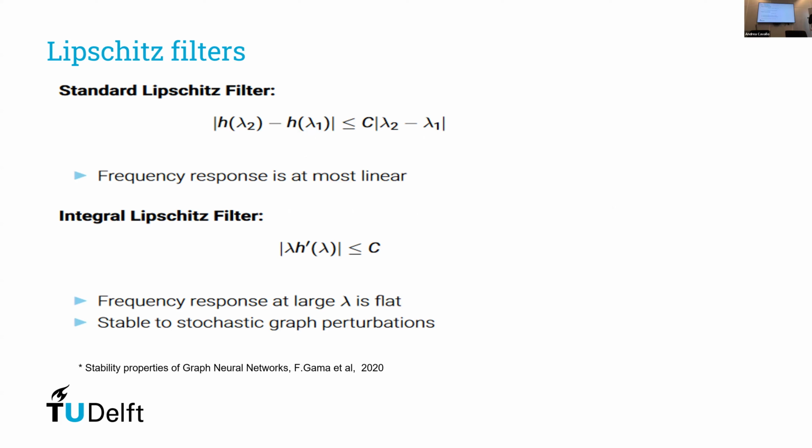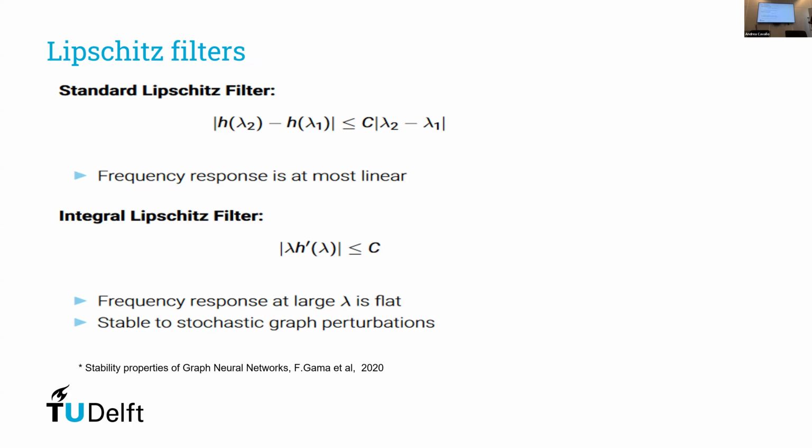And in the literature on graph filters, there are these two filters. We talk of a Lipschitz filter and an integral Lipschitz filter. In the case of a Lipschitz filter, you just have a filter whose response is at most linear. So if you look at the eigenvalues or the spectrum of the graph, the difference between one and the next is at best linear in terms of the filter response.